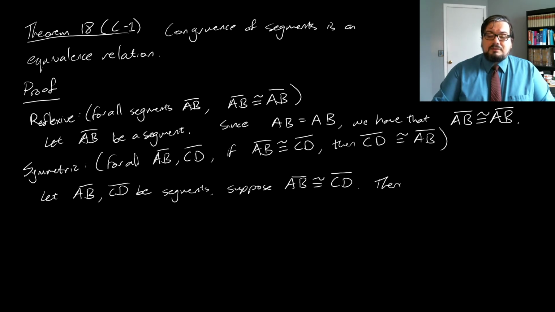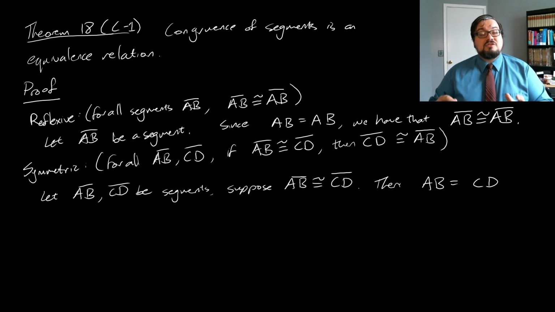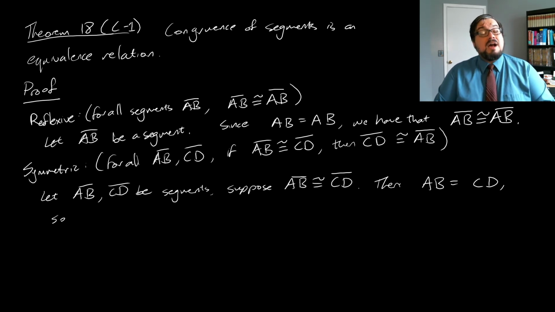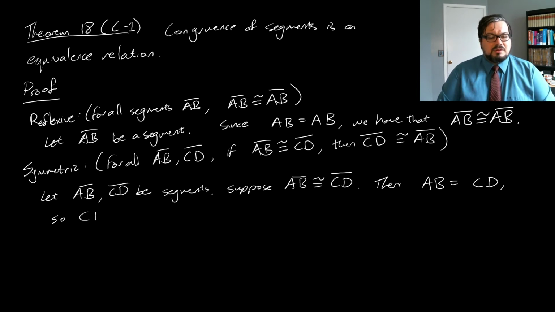Well then, that means that AB equals CD, because that's just the definition of what it means to be congruent as segments. And AB equals CD. So now we're going to use the symmetry of equality. So that means that CD is equal to AB. So CD is congruent to AB.